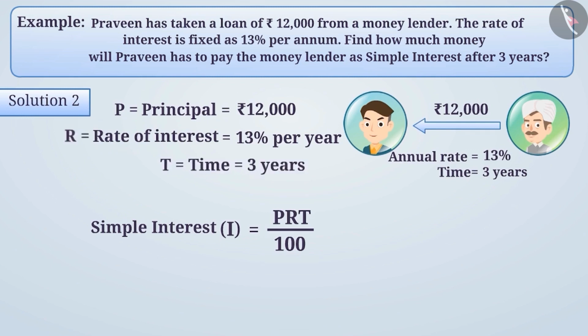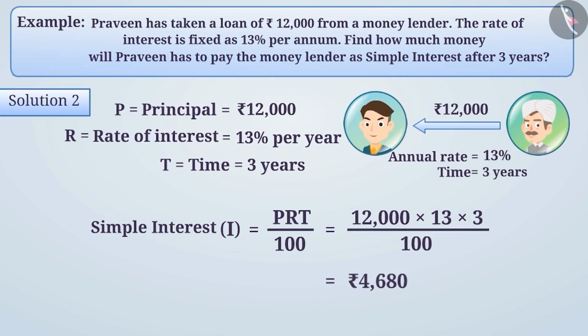R is the rate of interest, which is equal to 13% per year. Therefore, simple interest I is equal to 12,000 into 13 into 3 divided by 100, which is equal to rupees 4,680. That is, after 3 years, Praveen will pay rupees 4,680 as simple interest to the moneylender.